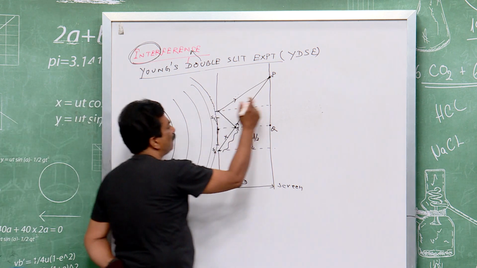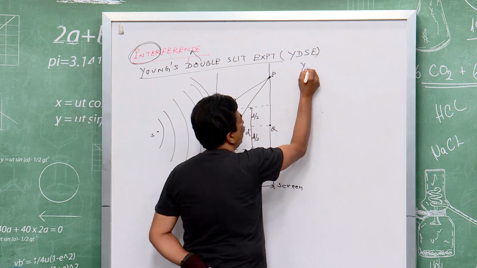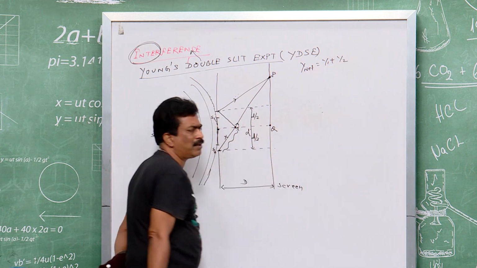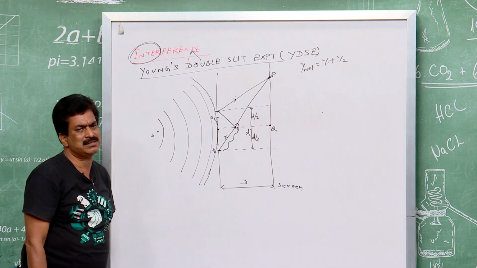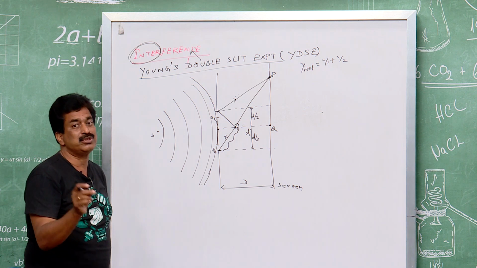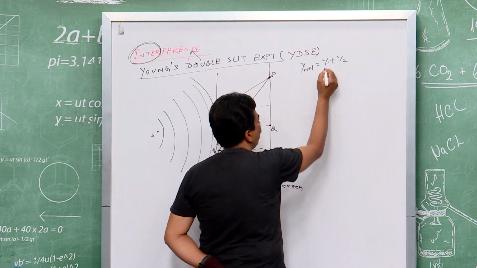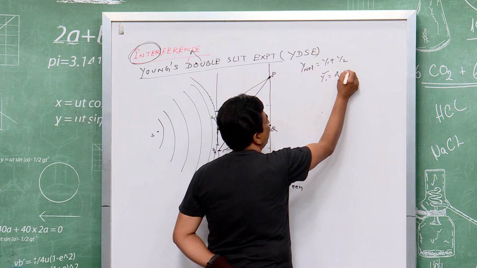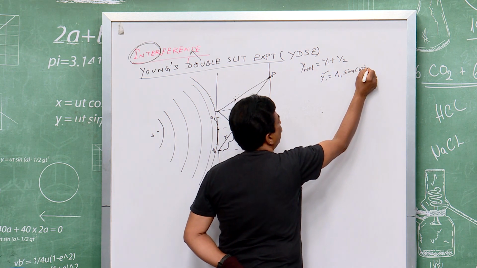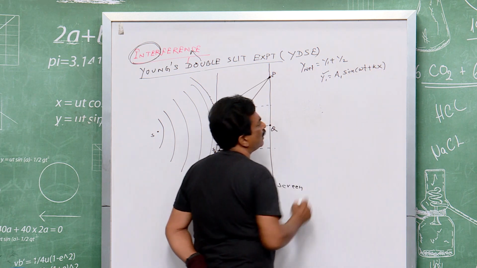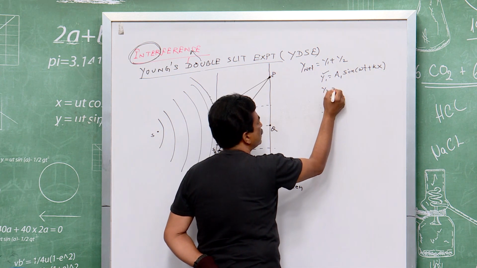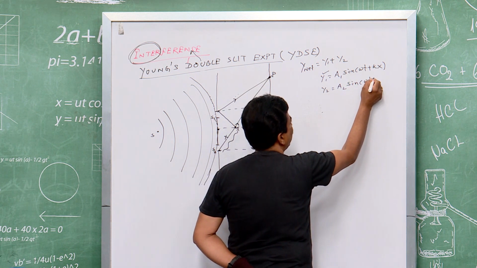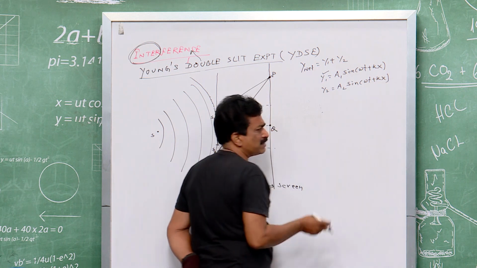So in interference, you know that the net displacement is equal to the sum of their individual displacements, which is the superposition principle. So here y1 is a displacement, let it be a1 sin(omega t plus kx), and y2 is equal to a2 sin(omega t plus kx) is its form.